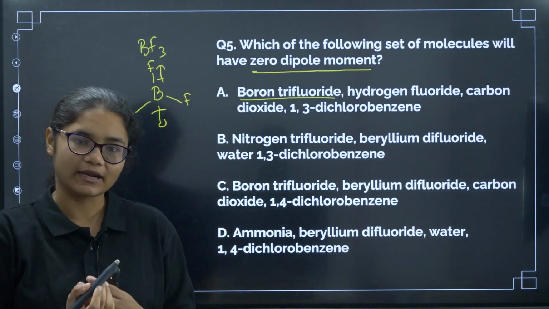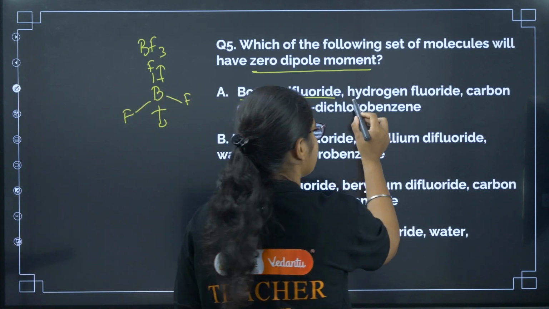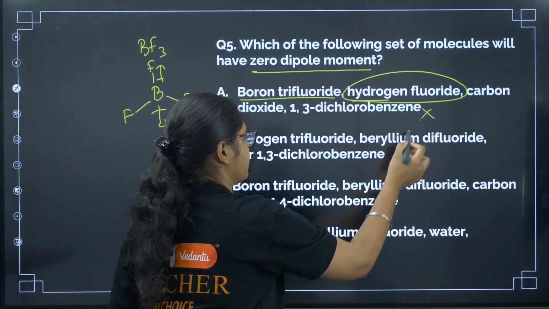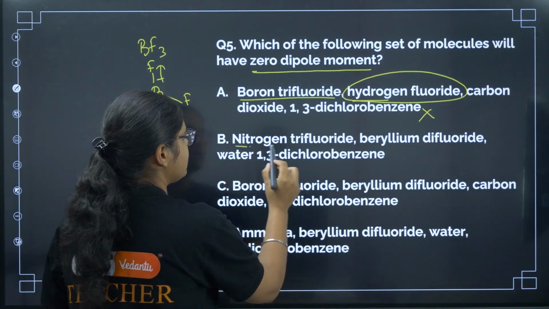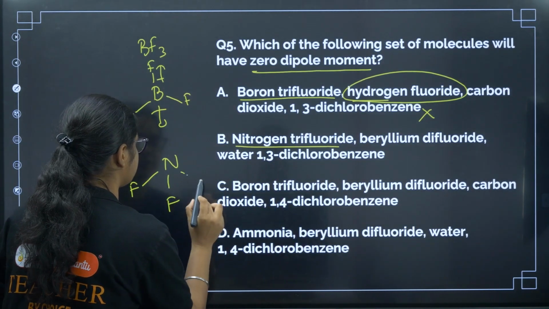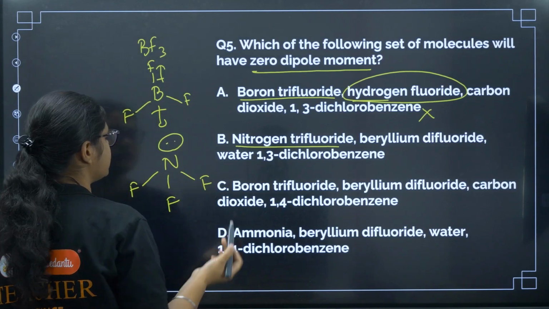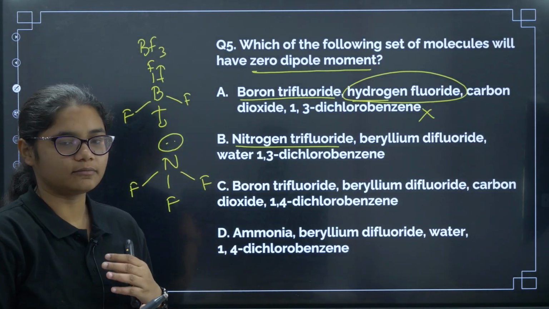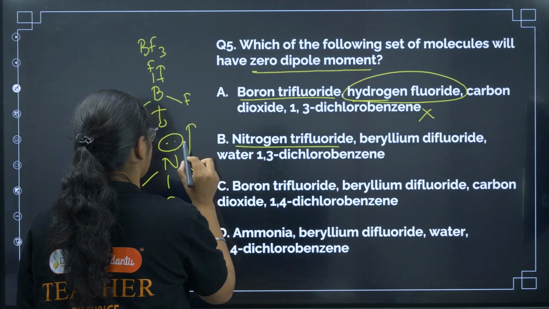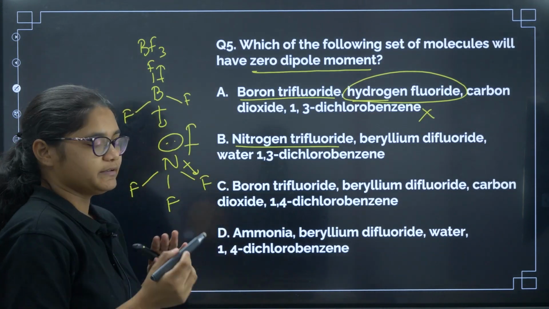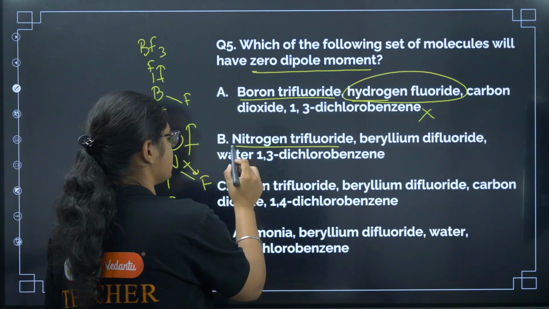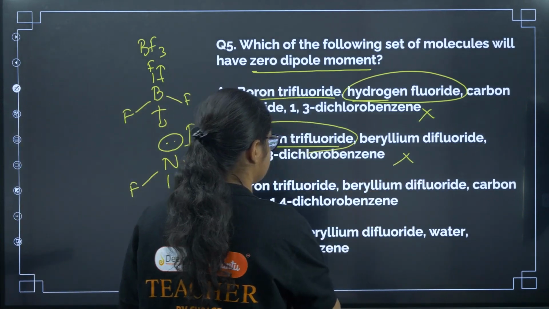Hydrogen fluoride has a dipole moment, so this option will be a polar molecule, so we can eliminate option number A. Now if you see the next one, nitrogen trifluoride, NF3. NF3 is sp3 hybridized. This is a polar molecule because we have the dipole moments in different directions, and they don't get cancelled. So because of this, we can eliminate this one.